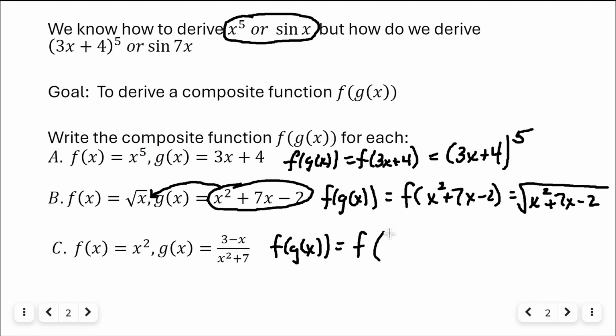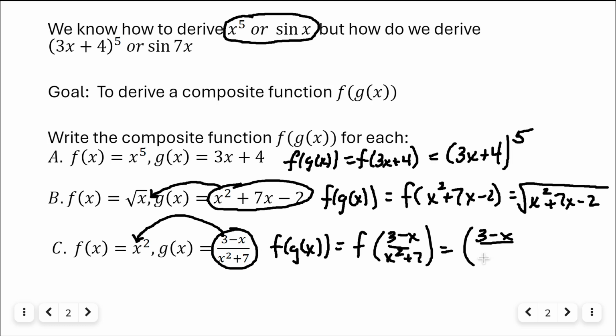So that's going to be f of (3 minus x) over (x squared plus 7). So now I'm going to take this and put it inside of f wherever I see an x. And I'm going to write (3 minus x over x squared plus 7) squared. And that's it.